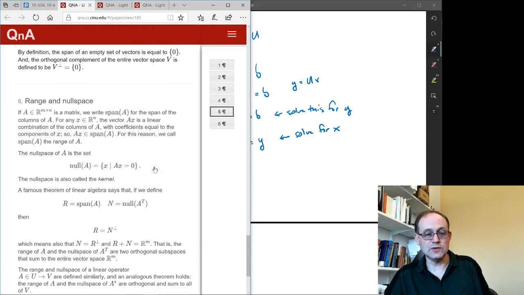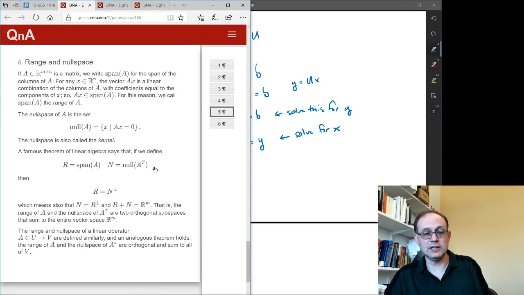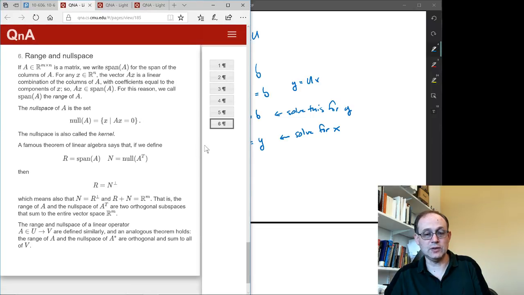These are useful in understanding the action of matrices in the following way. Let's take an m by n matrix A where m is bigger than, or at least as large as, n. We can write span of A. Before we wrote span of a set, and now we're writing span of a matrix.